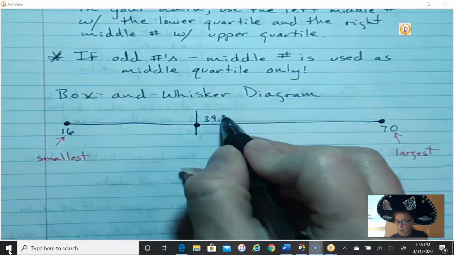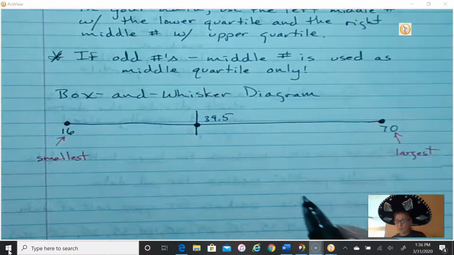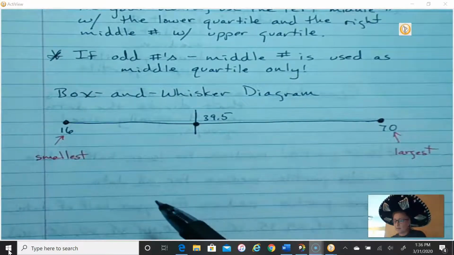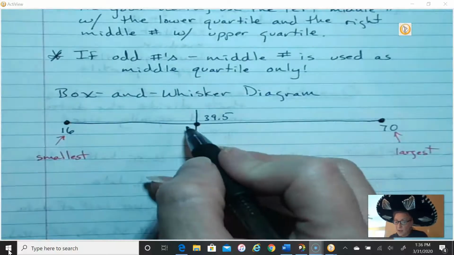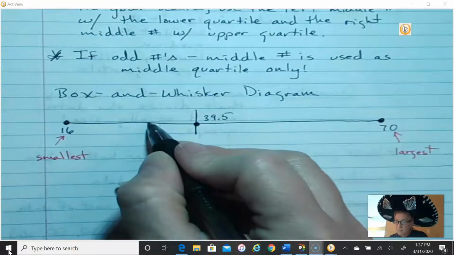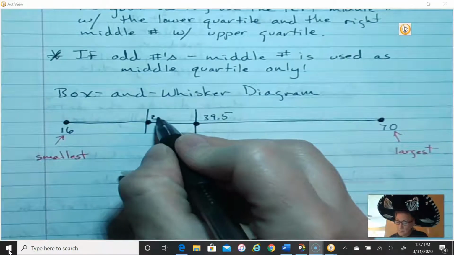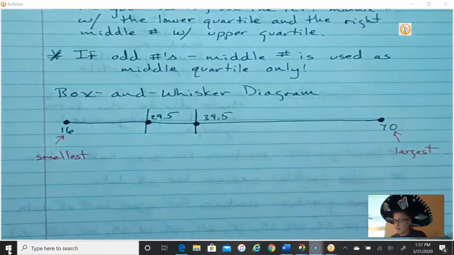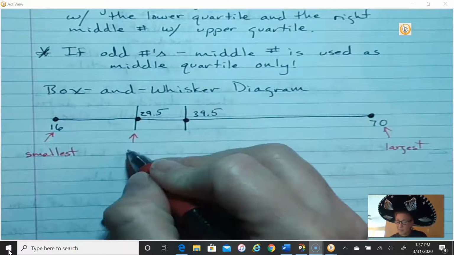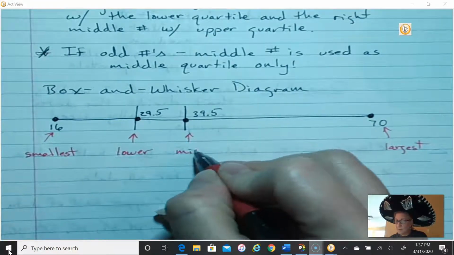It's 39.5. Okay, so your lower quartile is 29.5. So somewhere between here and there, we're going to guess about 30, 29.5. I'm just going to go ahead and guess right here. Why not, right? And then this is our lower. That's our middle.